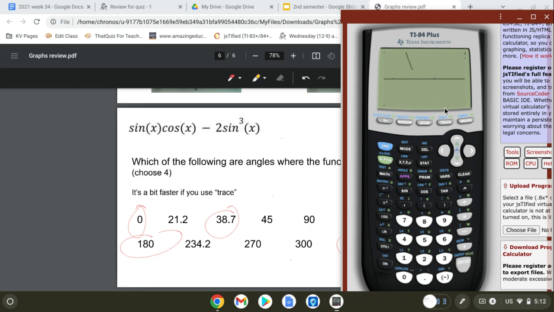It just makes plugging in those values a little bit more accurate, a little bit easier to see. If I do that 321.3 again, 321.3. All right, it's easier to see that it's actually an x-intercept there. All right, that's it.